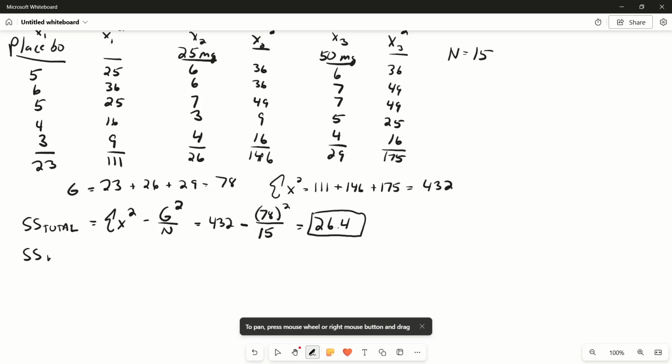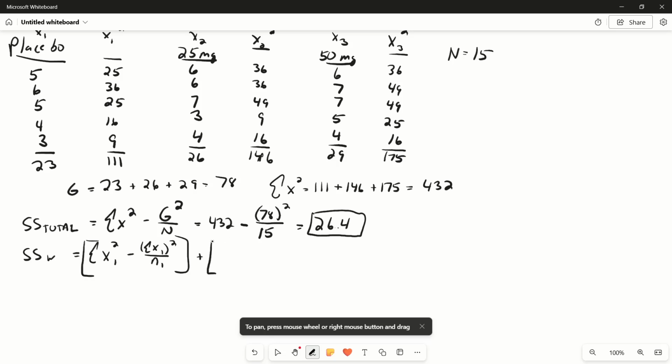Now let's do sum of squares within. This is going to be equal to the sum of squares within each of these three groups, which we know is going to be the sum of x sub 1 squared minus the sum of x sub 1 quantity squared over n sub 1, right?